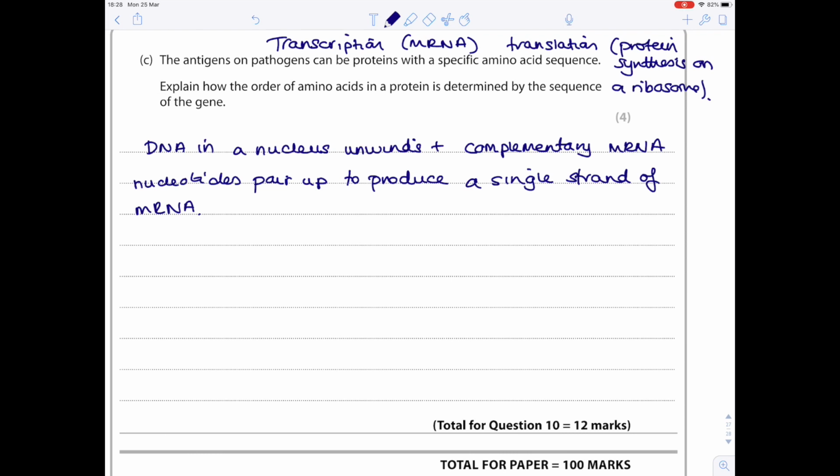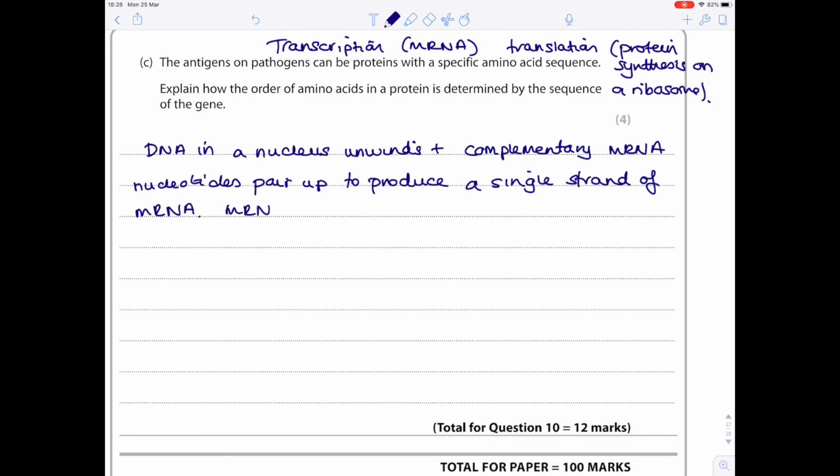Protein synthesis can't actually take place within the nucleus, so the mRNA leaves the nucleus and binds to a ribosome.